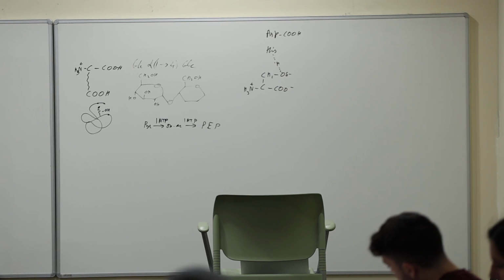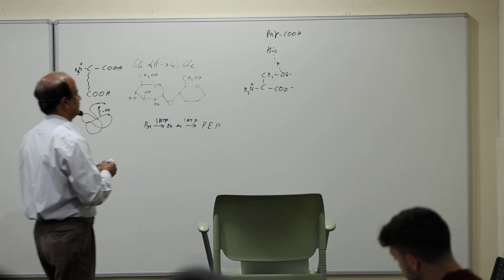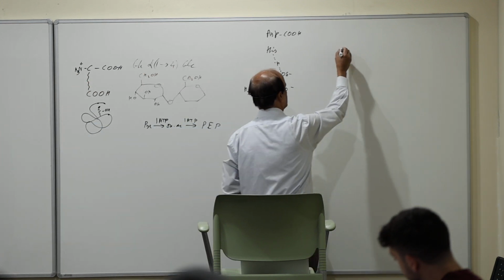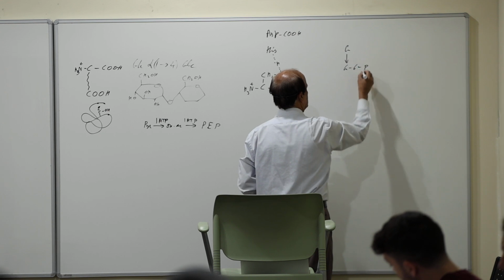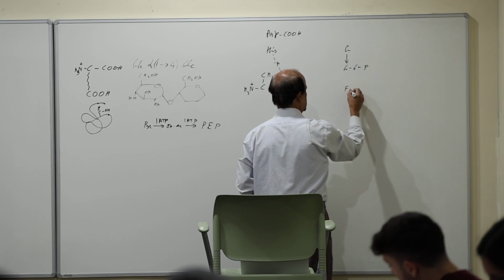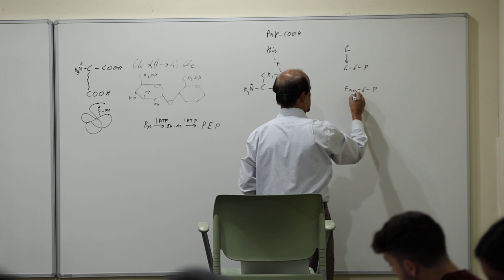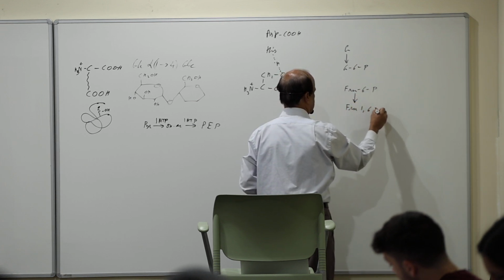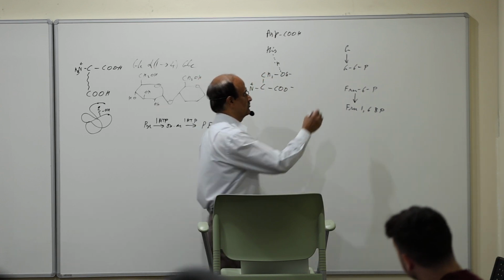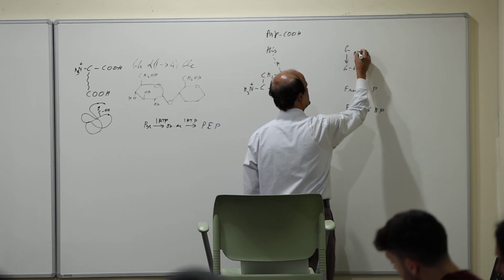The other 2 steps in glycolysis, where you have glucose to glucose 6-phosphate and fructose 6-phosphate to fructose 1,6-bisphosphate. So these are the 2 steps in glycolysis where you have added ATP.